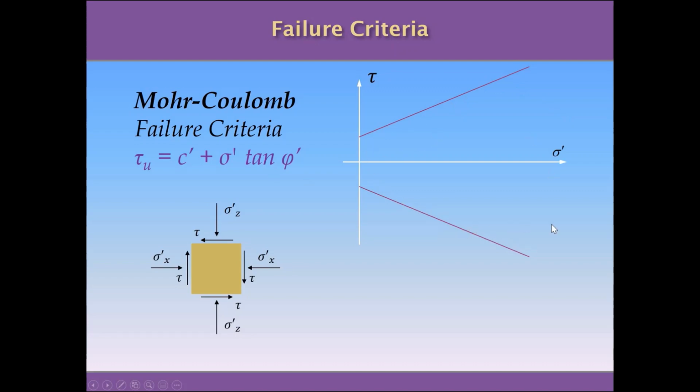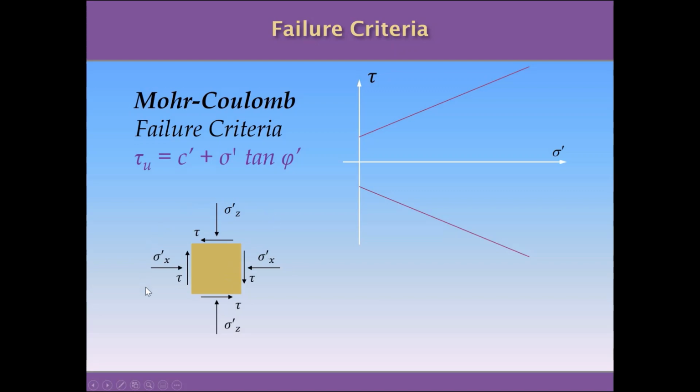So if we are inside this area, we are going to be in good conditions because we are not reaching the soil strengths. The soil strength is defined then by these two lines in here in this Mohr-Coulomb failure criteria approach we choose to work with. Remember that in this space you can represent any state of stresses in every point of the soil mass.